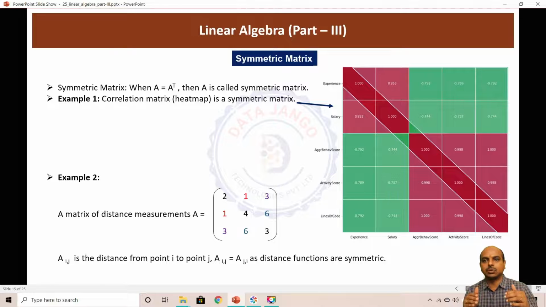So diagonal values are going to be 0, but upper triangular and lower triangular values are going to be the same. So distances between multiple cities can form a symmetric matrix. The other example is the correlation matrix. If you have n number of features, here I have taken 5 features, and you calculate correlation between them, the upper triangular and lower triangular values are going to be the same. So it's a symmetric matrix.